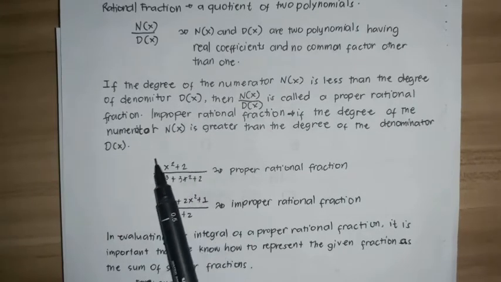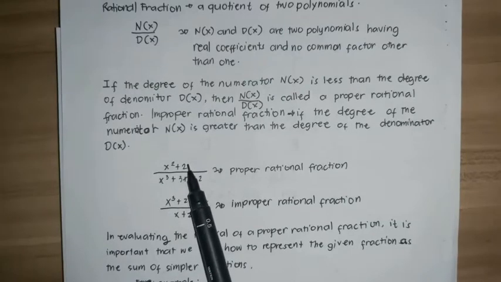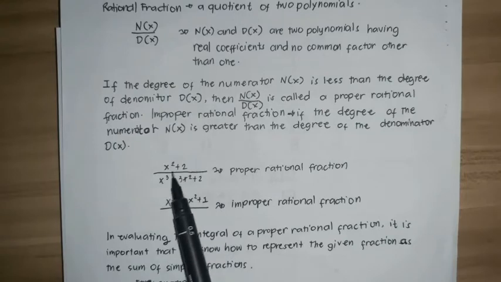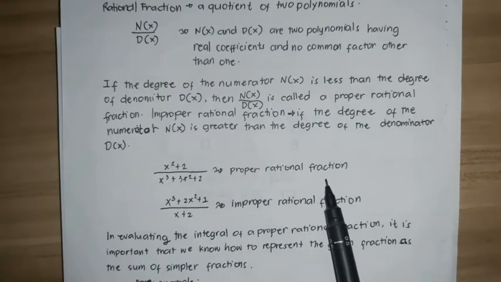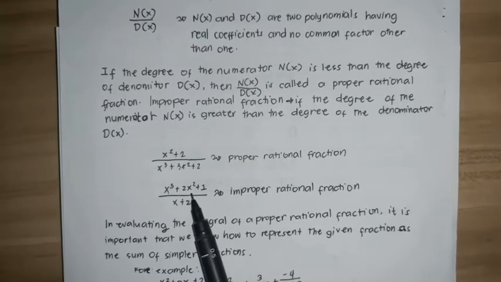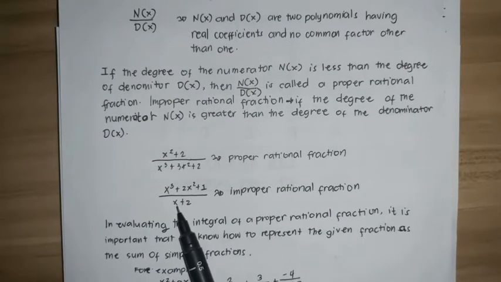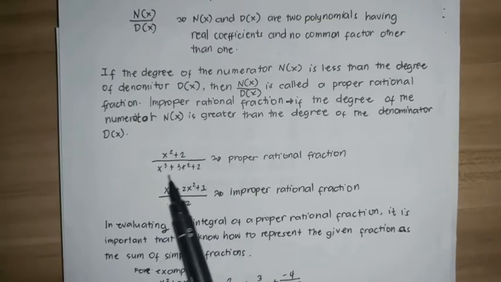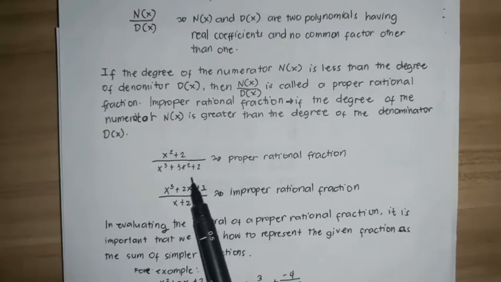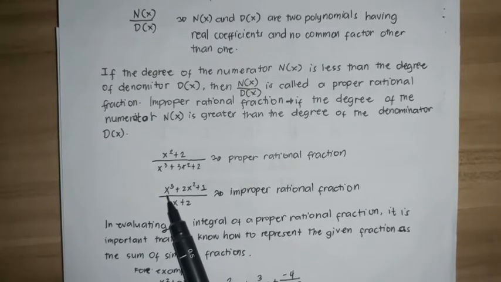The highest degree of your numerator is less than the highest degree of your denominator, so you have a proper rational fraction. And here we have x cubed plus 2x squared plus 1 all over x plus 2. This one is an example of an improper rational fraction because, as you can see here, the highest degree of your numerator is greater than the highest degree of your denominator.